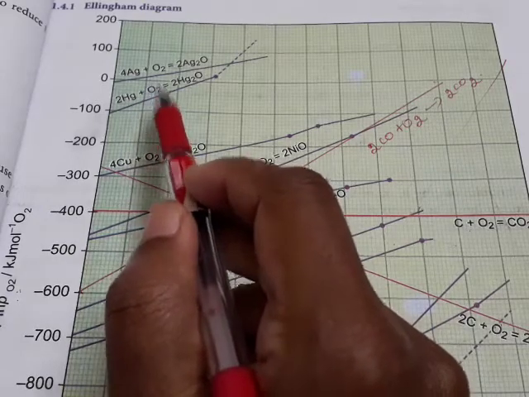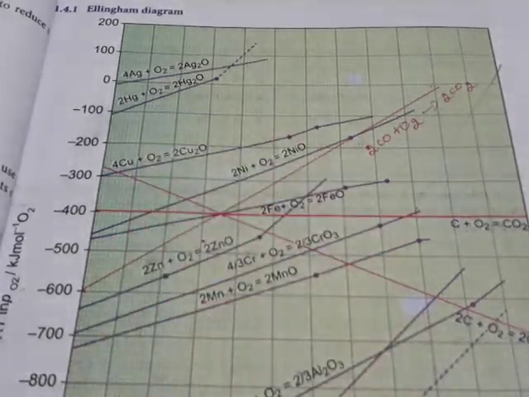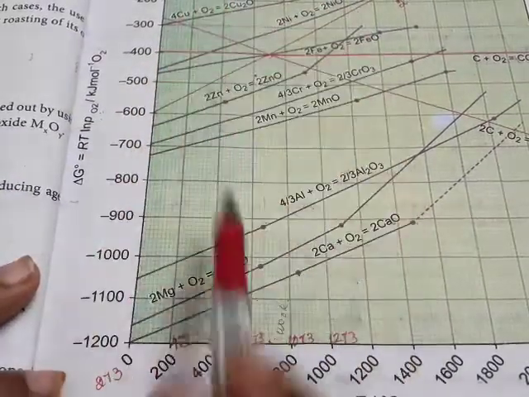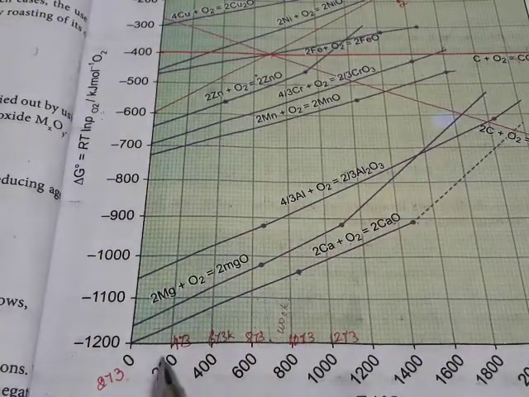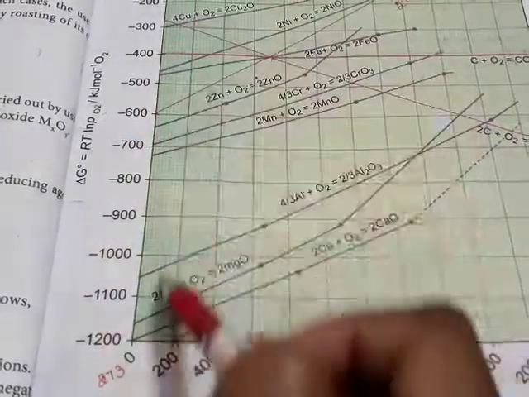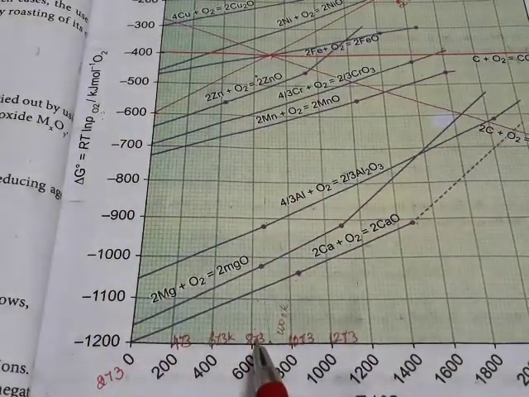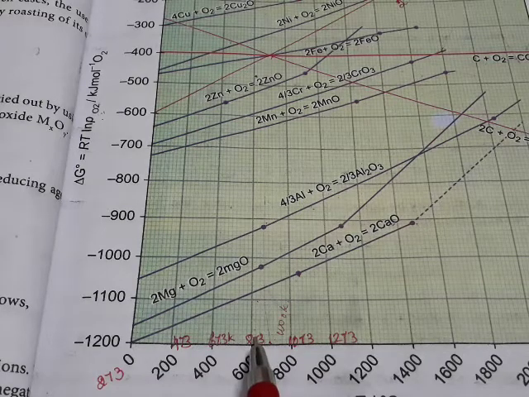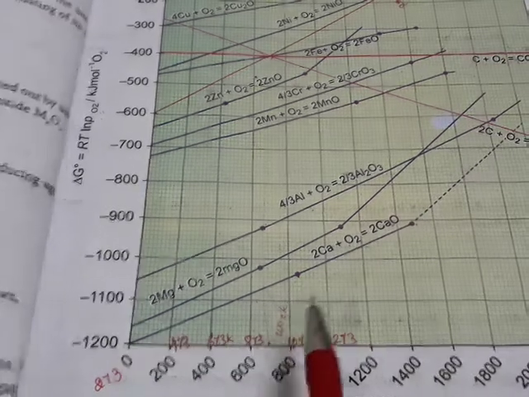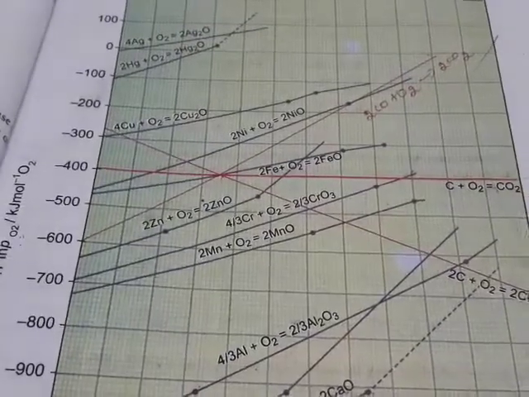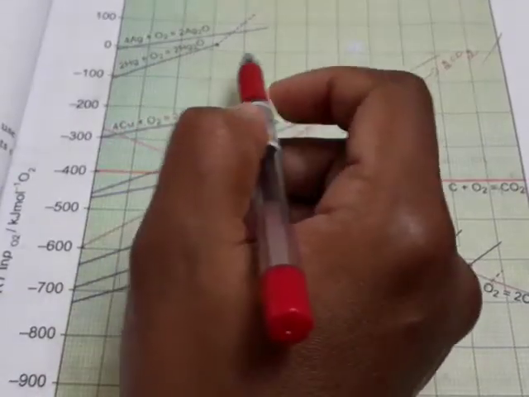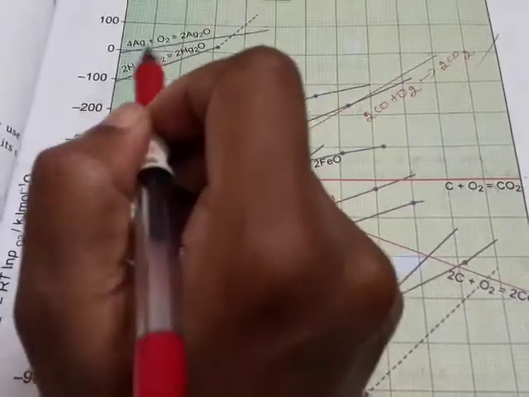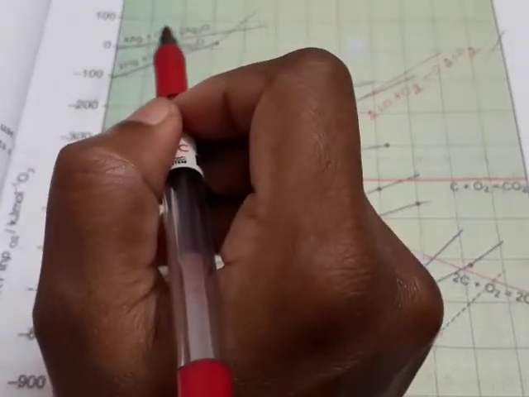See the temperature here. The temperature is very low, so it is a moderate temperature. So the delta G naught values are less negative or positive, and you do not add a separate reducing agent.